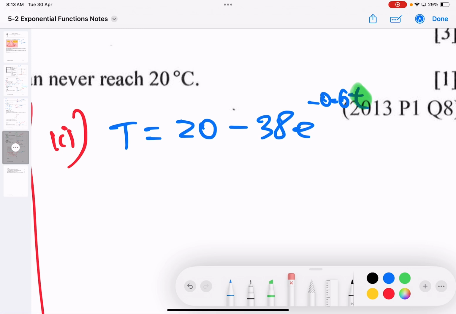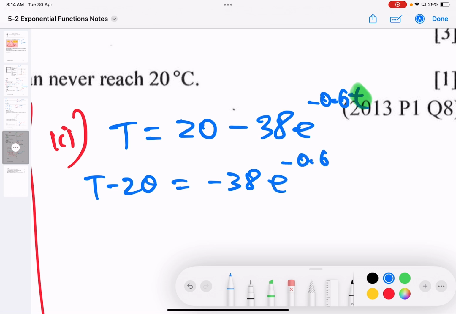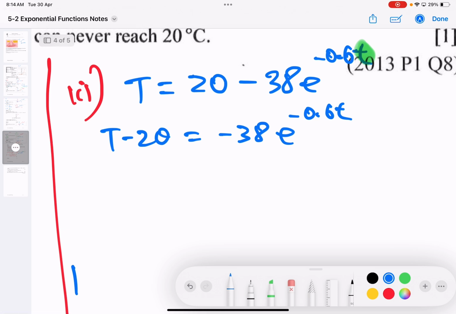If I want this to be alone, I'm going to bring this 20 over first. So I get T minus 20 is equal to negative 38e to the power negative 0.6t. Then I'm going to divide both sides by negative 38 to try to simplify it, because now it looks very complicated. The negative 38 and negative 38 will cancel.